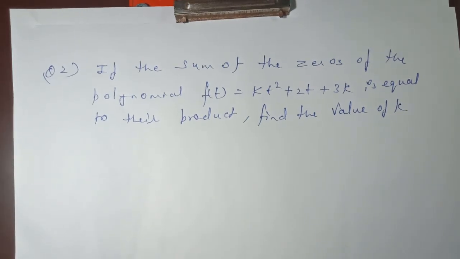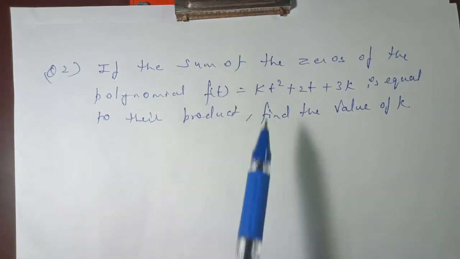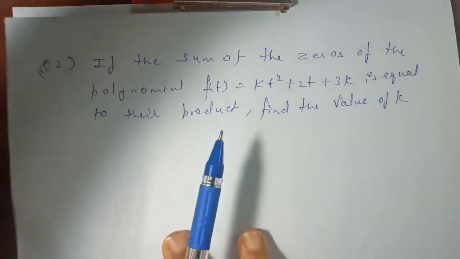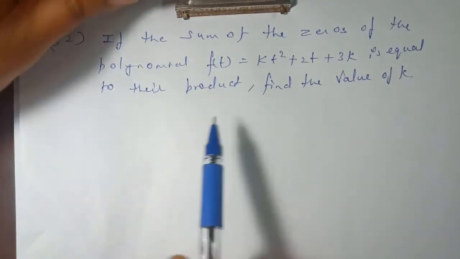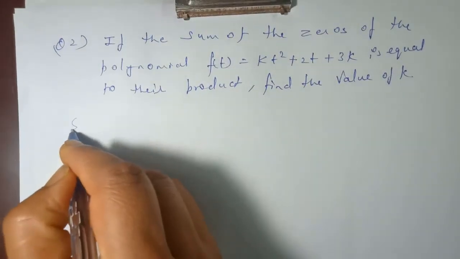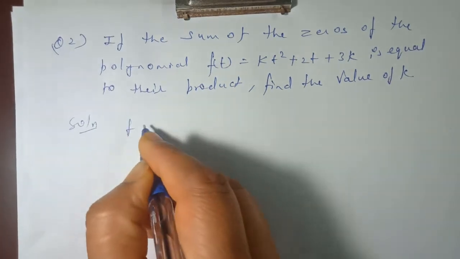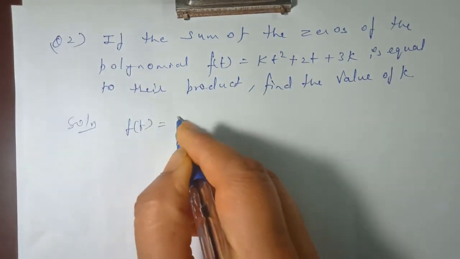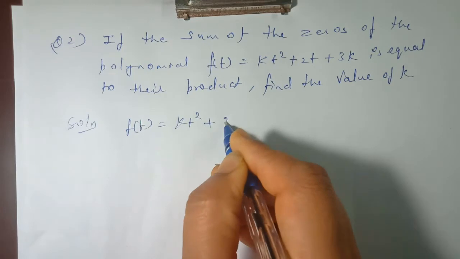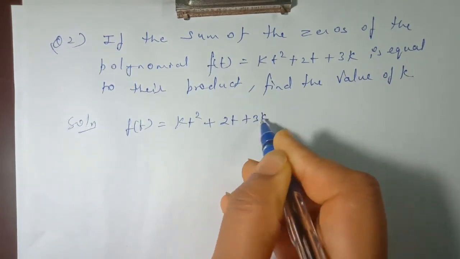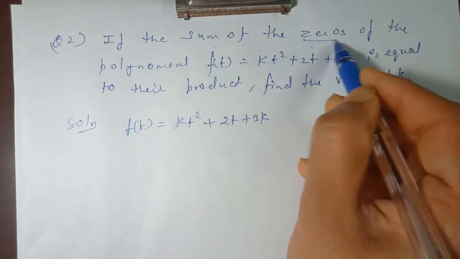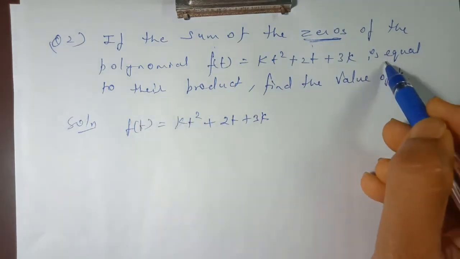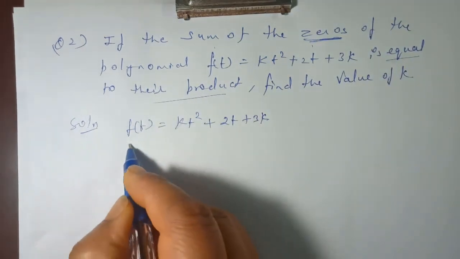The second word problem says: if the sum of the zeros of the polynomial is equal to their product, find the value of k. Here we have the polynomial f(t) = kt² + 2t + 3k. The sum of the zeros is equal to their product. We don't know its zeros.